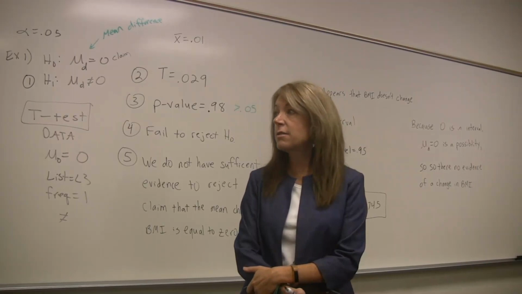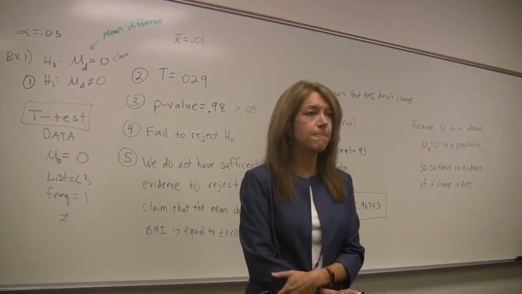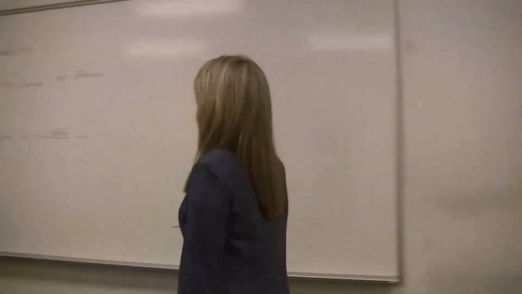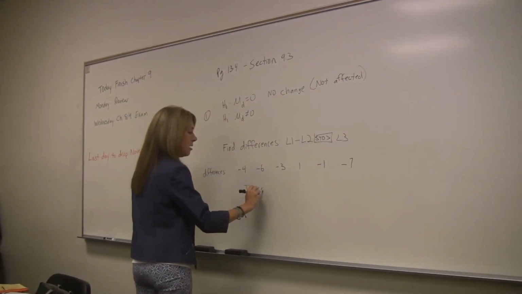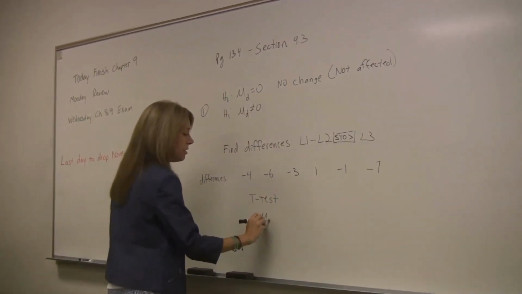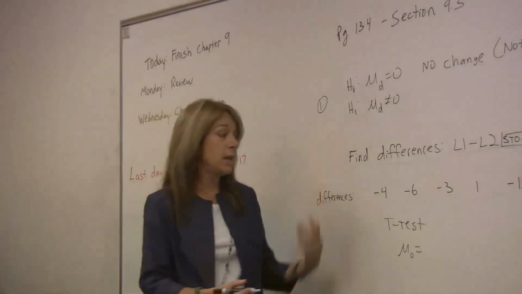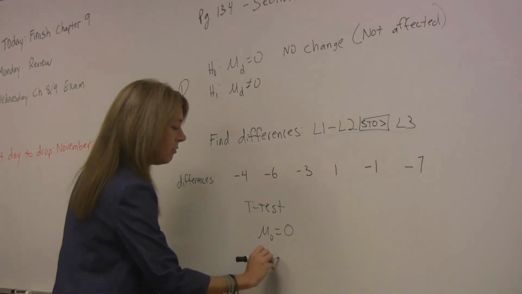Yeah, Kai says yes. So now that I have my differences, what do I need to do? Test. T-test, yes. I need to do a t-test. I'm going to tell it that mu 0 equals 0 in this case. We're going to tell it to go look at our list, which is L3.